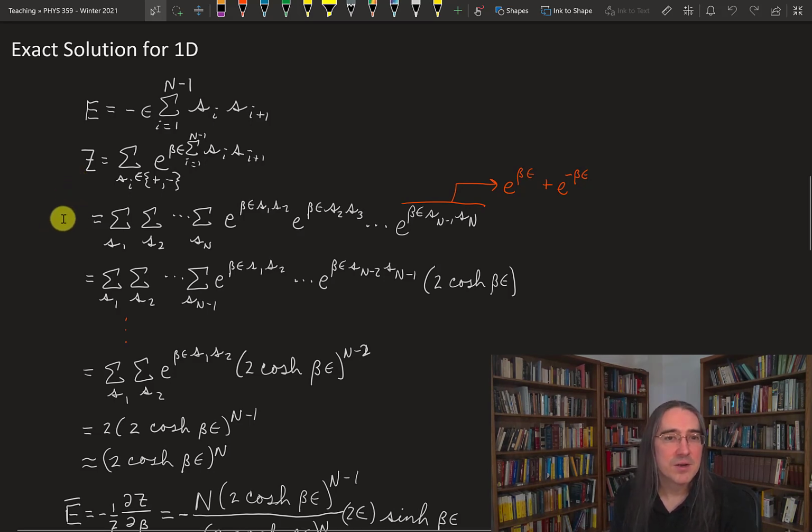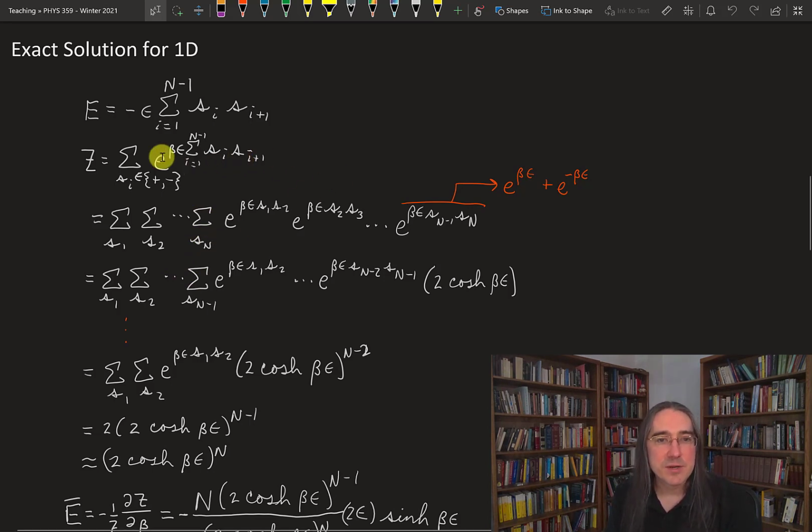But for now, we're going to hide all of that complexity in this notation. And since this is a bit opaque, let's make it a bit more explicit. So we're summing over S1 being plus or minus, S2 being plus or minus, summing over each individual spin all the way out through Sn being either plus or minus.